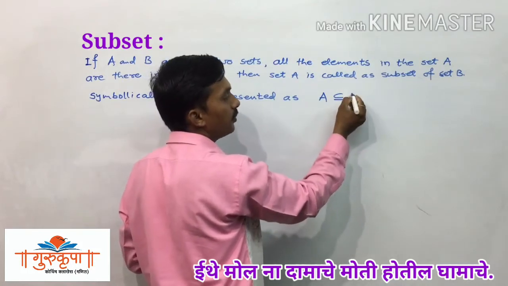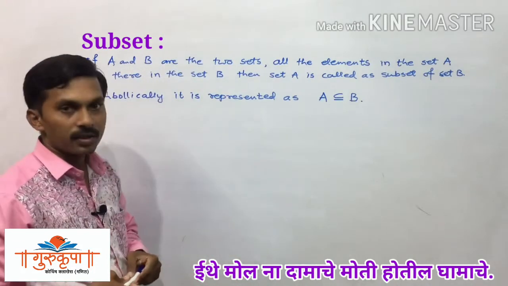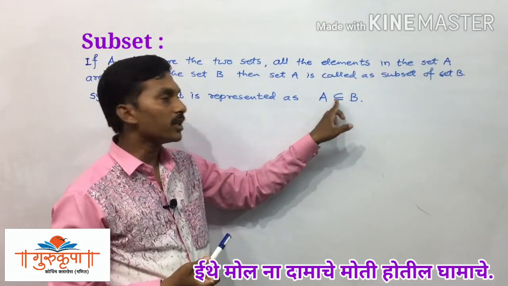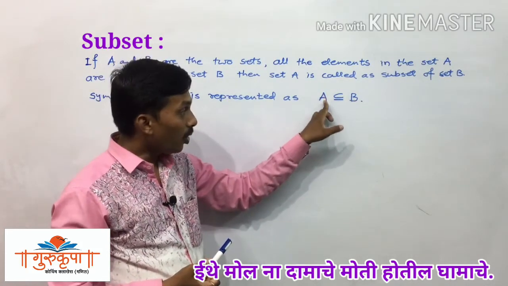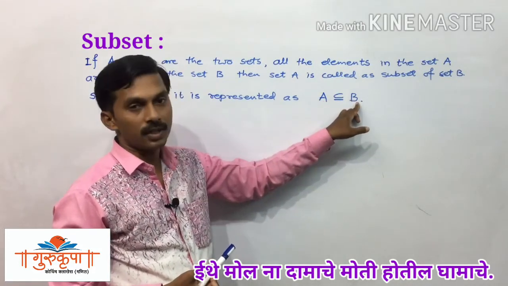A ⊂ B, A is a subset of B. This symbol represents the subset. It means all the elements of the set A are there in the set B.